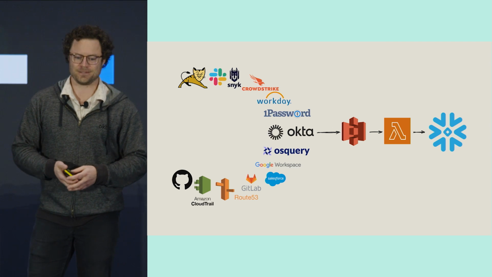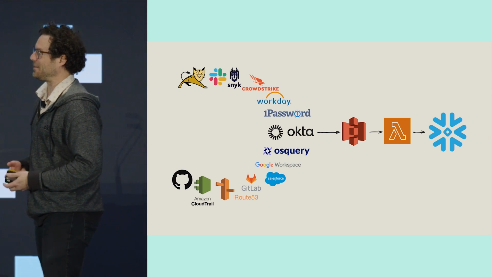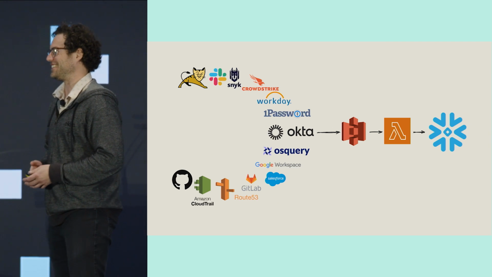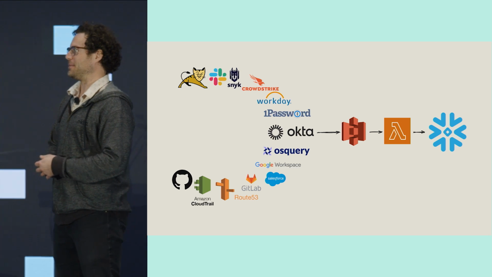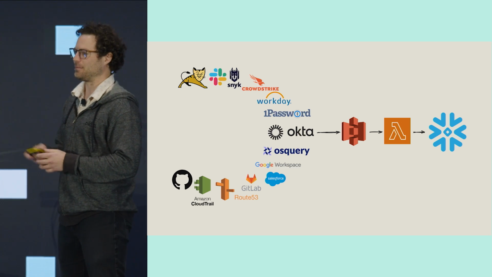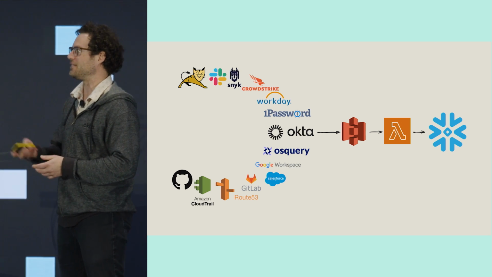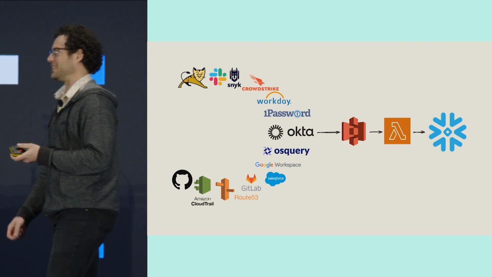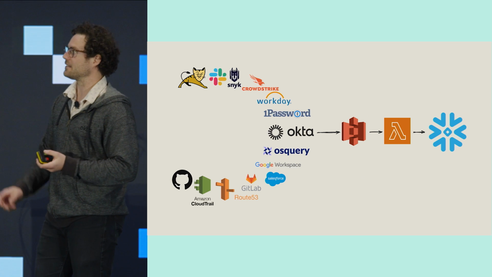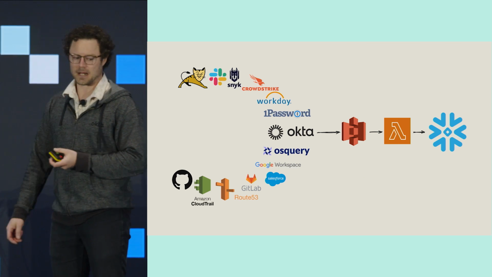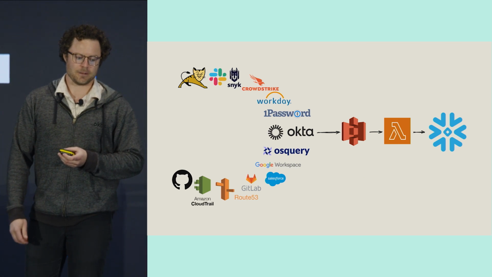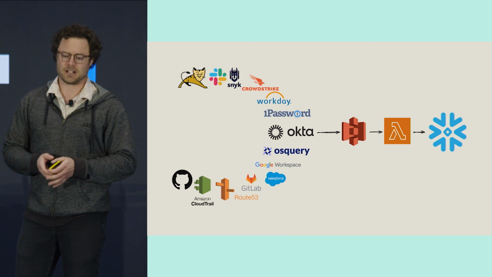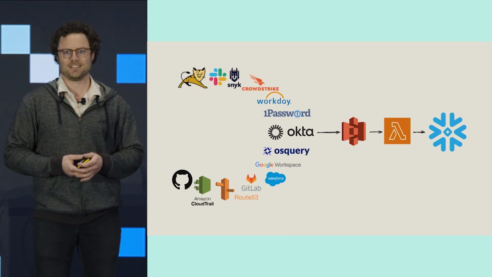So the initial version looks something like this, very consistent to the world of the modern data stack, a pretty simplistic architecture. Obviously, I've simplified it here, but integrate a bunch of sources, throw it in S3, get it into Snowflake somehow. We chose the Lambda route. These particular data sources, if it's Workday, it's not very high volume.